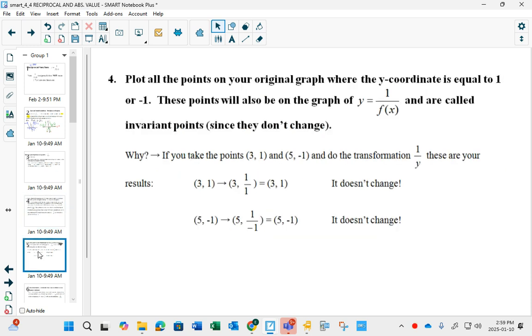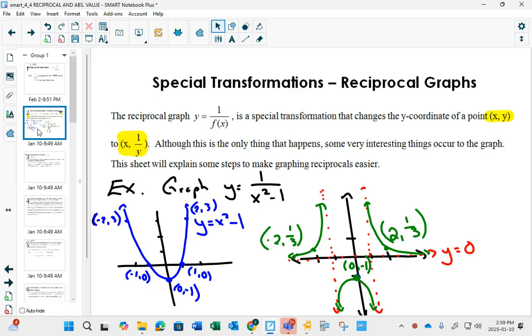Then steps 4 and 5, you can rename them and put them together as nice points. Step 4 and 5 says any other points that are on your graph, just use the simple rule. Right here, I had -2, 3. The simple rule is just change y to 1 over 3. Here I had 0, -1. Change y to 1 over -1.